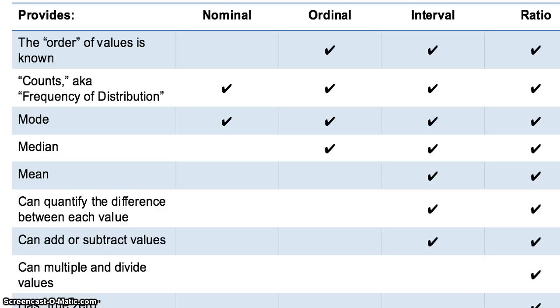For median, ordinal, interval, and ratio. For mean, that will be interval and ratio. Quantity, the difference between each value, that will be interval and ratio. Add or subtract value, interval and ratio. Multiply and divide values, ratio, and true zero, that is ratio.